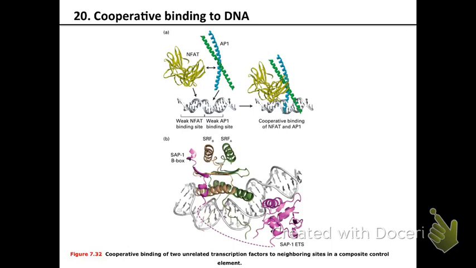So a weak site means these have DNA sequences that are okay for the transcription factor to bind, but they're not optimal. They're not very similar to the consensus sequences that are bound by these transcription factors. So they're kind of weak, and their binding is not going to be very strong.